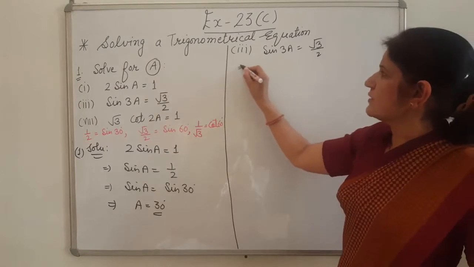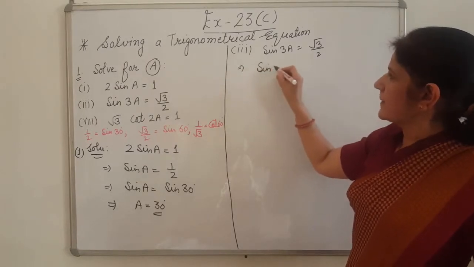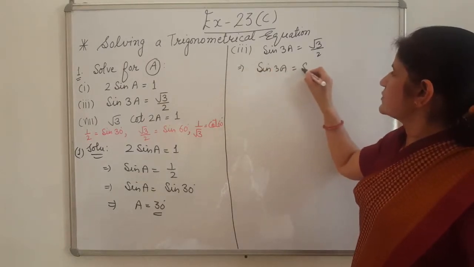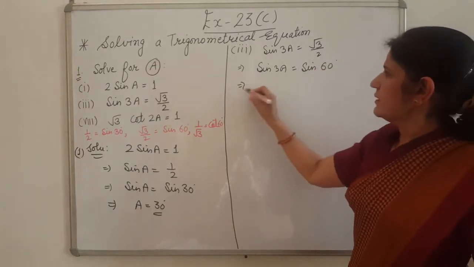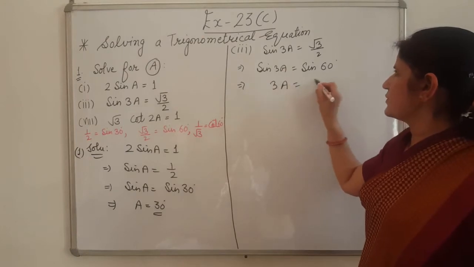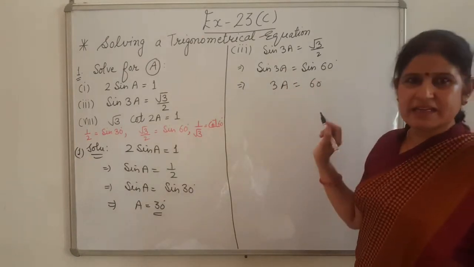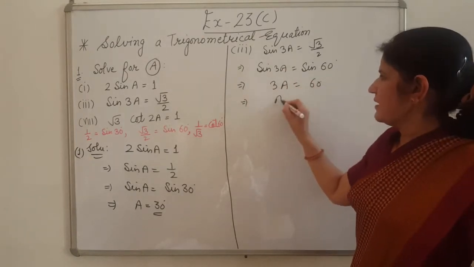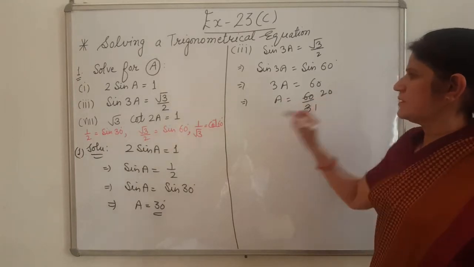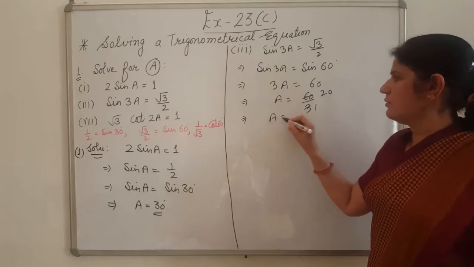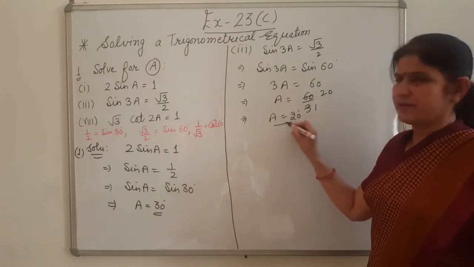So we substitute: sine 3A is equal to sine 60. On comparing, 3A is equal to 60 because sine cancels sine. So what is A? 60 over 3, reduce it to the lowest term. So the value of A is equal to 20 degrees.